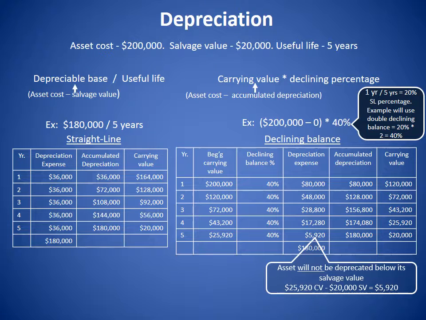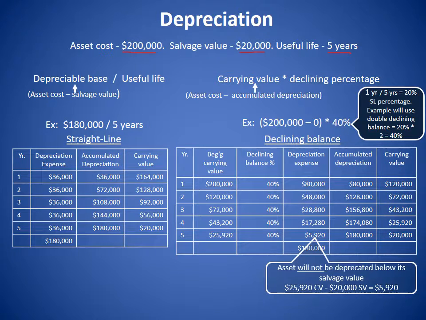This slide provides two different methods of calculating depreciation from the same asset facts. So let's take a look at the asset facts first. Our asset cost is $200,000. The salvage value for this asset is $20,000, and the economic useful life is 5 years.